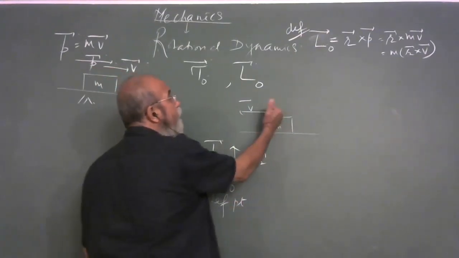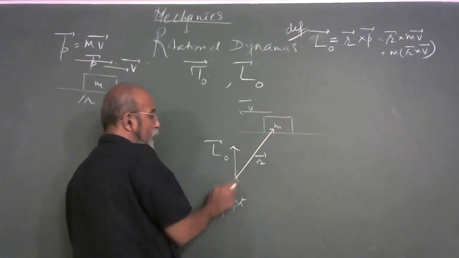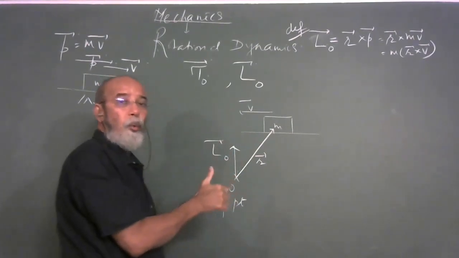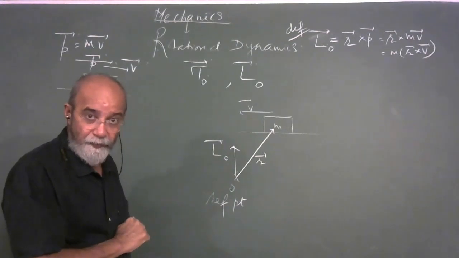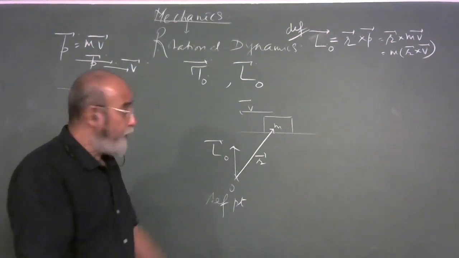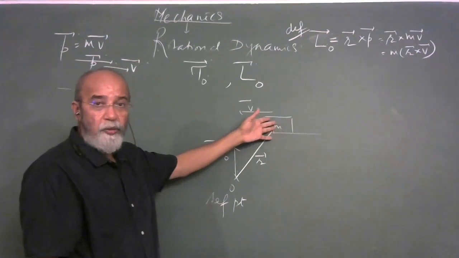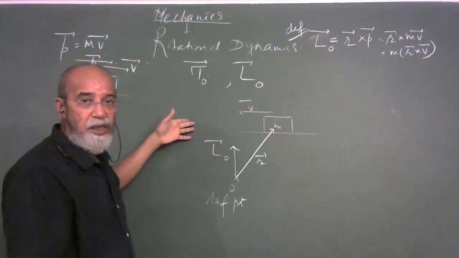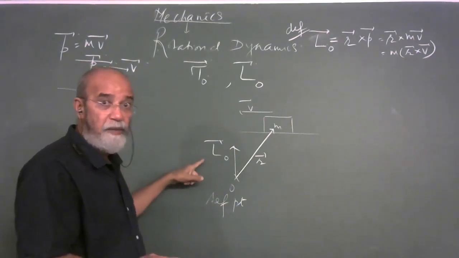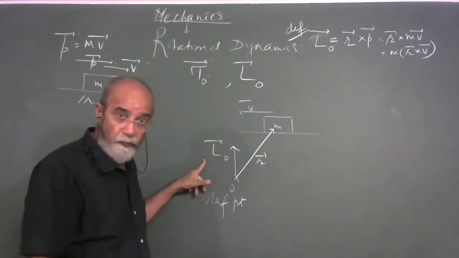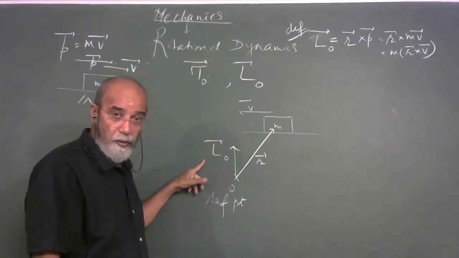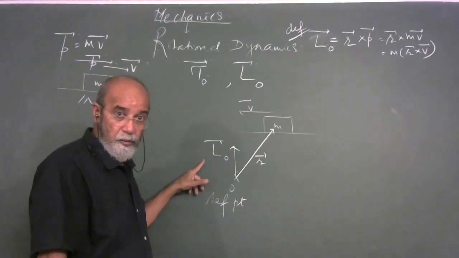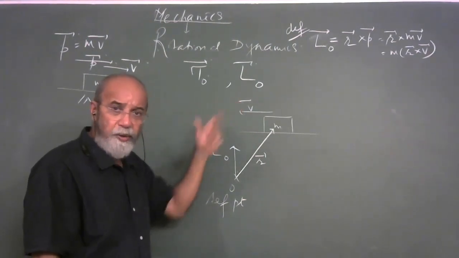I did R cross V here, but I brought it to the reference point. L about O. This dynamic situation was a rigid body moving in a straight line, 1D motion. But I still managed to find L. And what was the magnitude?